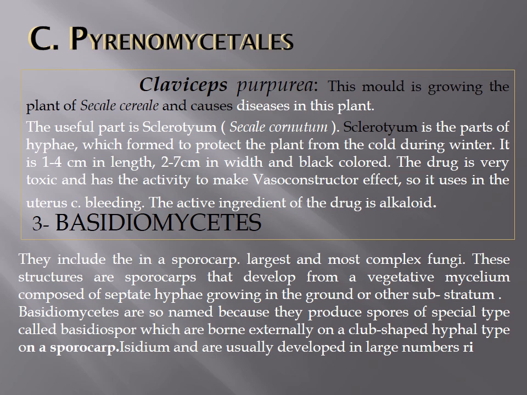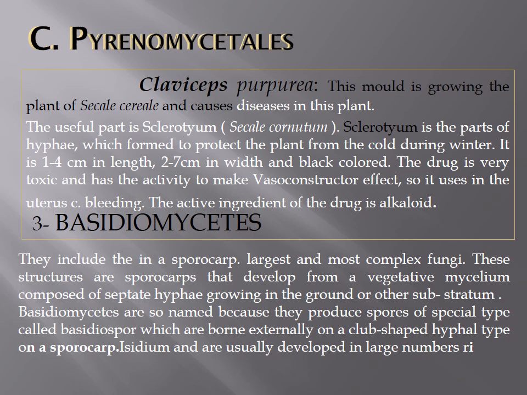Basidiomycetes, the second type of this order. They include sporocarps, the largest and most conspicuous fungi. These structures are sporocarps that develop from vegetative mycelium composed of septate hyphae growing in the ground or other substrate.